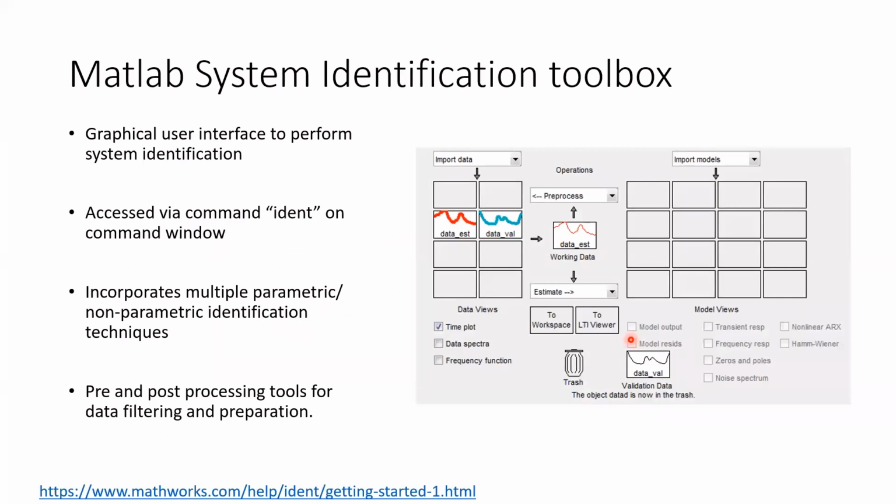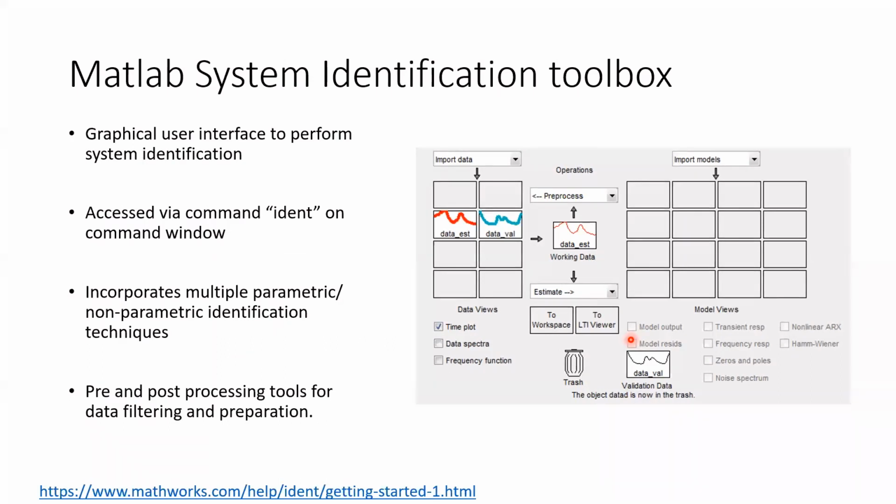All right, so we can simplify in our case the identification job using the Matlab System Identification Toolbox. This toolbox is basically a graphical user interface like this where we can put the input and output data and perform model estimation using all the methods mentioned before.